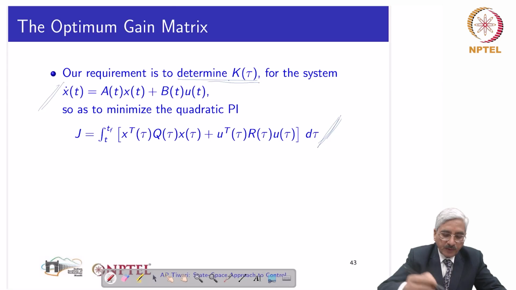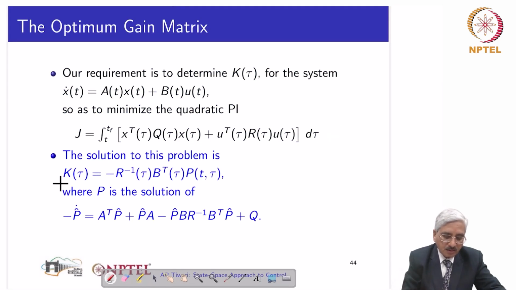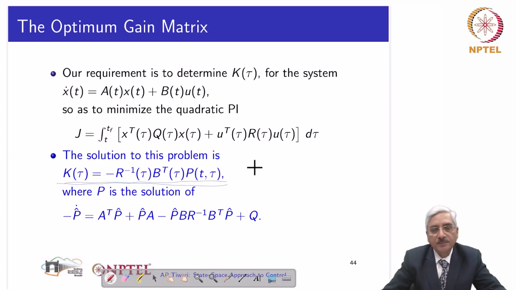And the solution for K is this, R inverse B transpose P. As I told, the proof is pending. It has to be taken up in the next part of the lecture.